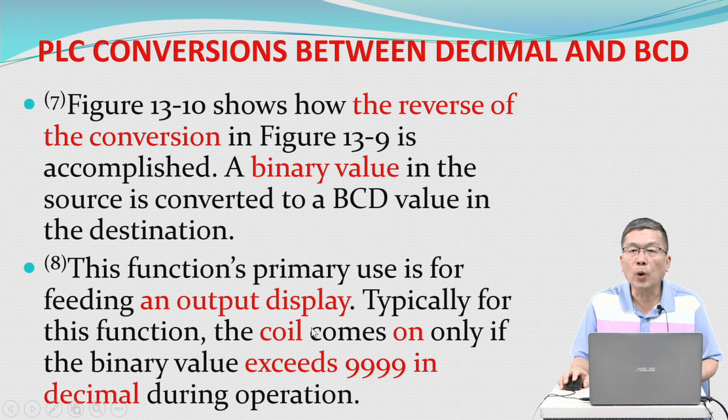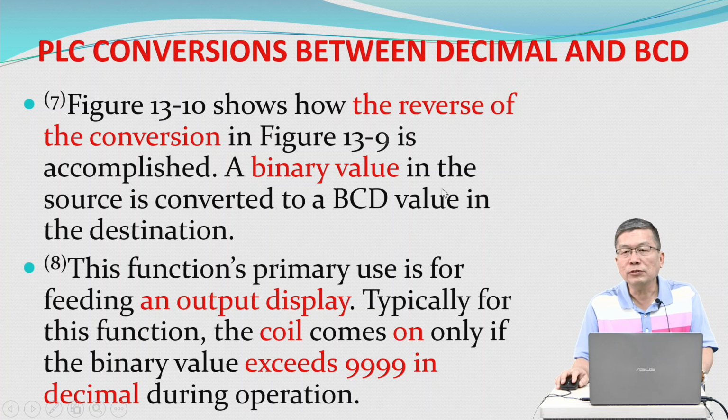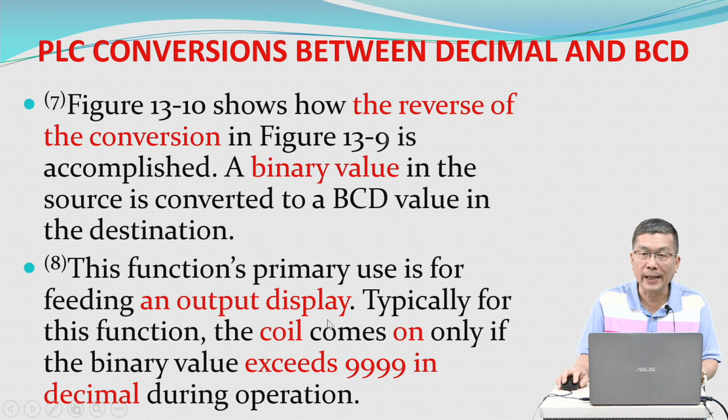Figure 13.10 shows how the reverse of the conversion in Figure 13.9 is accomplished. A binary value in the source is converted to a BCD value in the destination. This function's primary use is for feeding an output display.